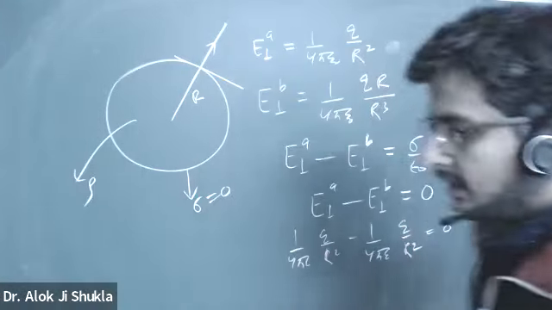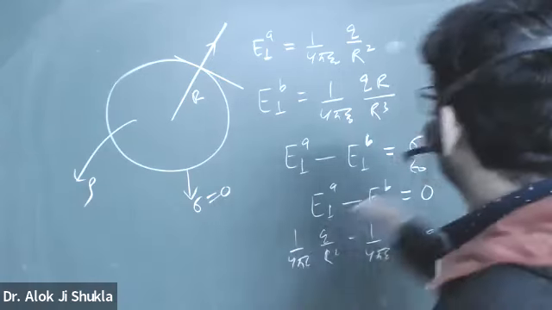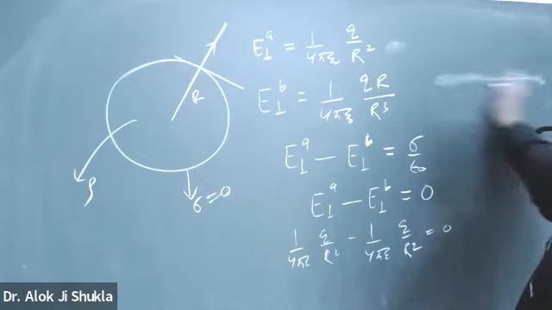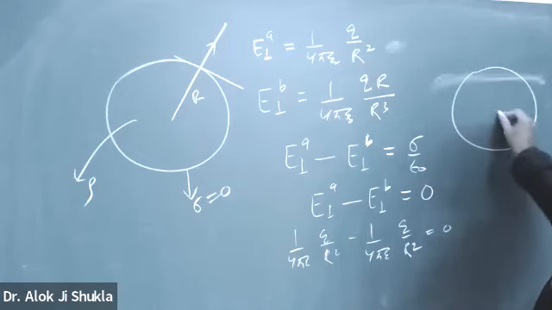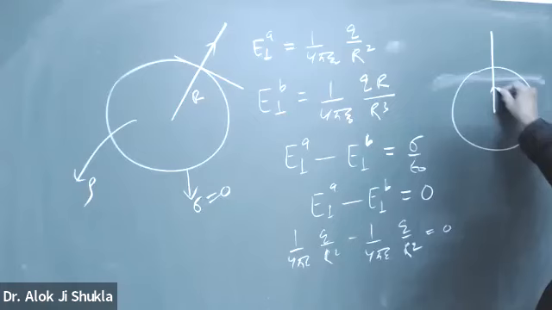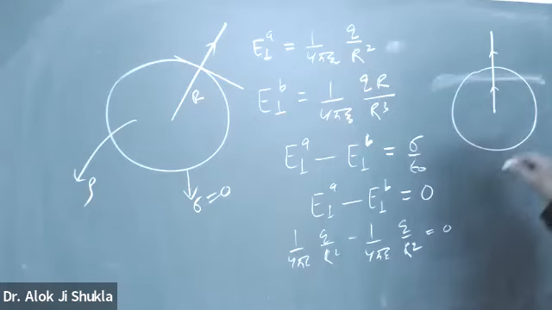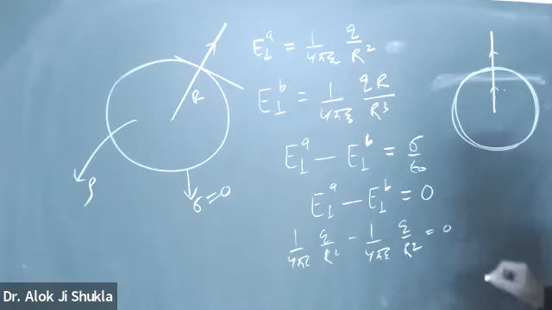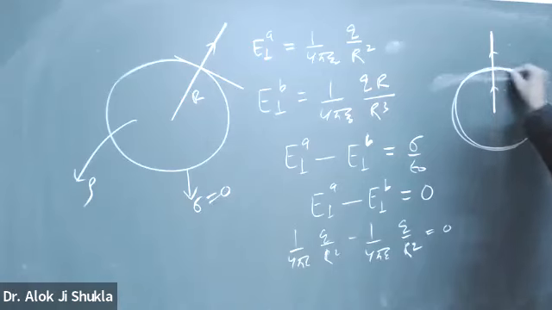See, because of the discontinuity, suppose there is a sphere and you are moving like this, and this is the surface, because this is separating two mediums. This is medium 1, this is medium 2. When you are moving, you only encounter the surface here.